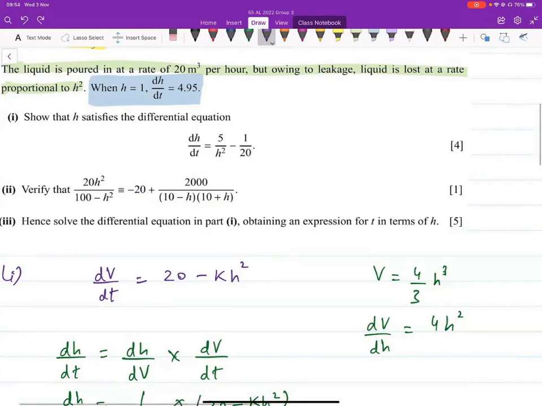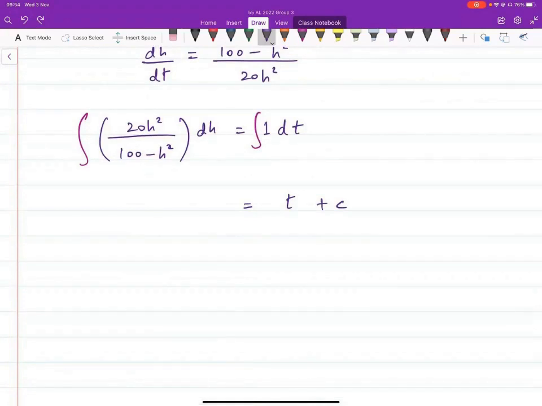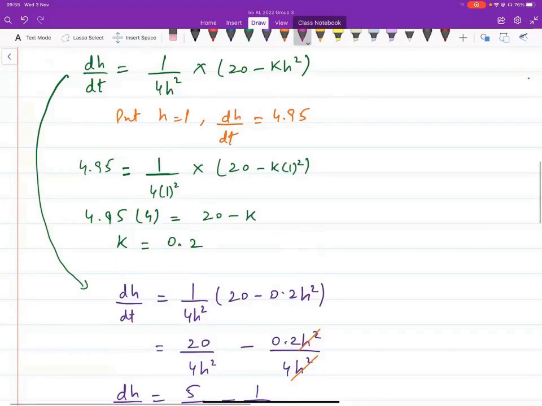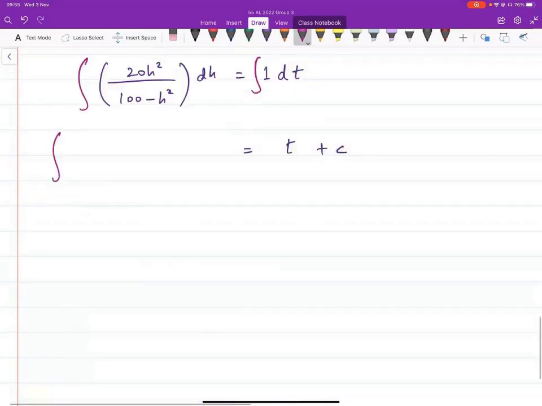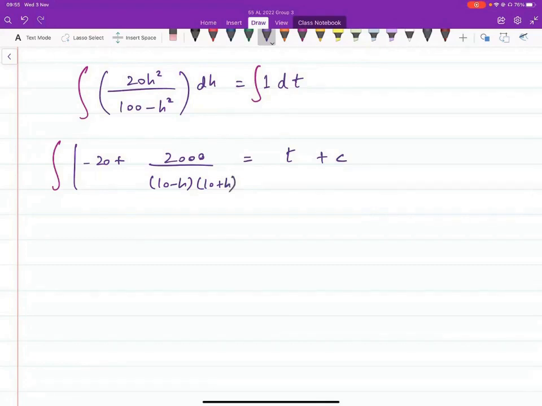How will these become two fractions? Can we break it down? It's in the denominator; if there were separate terms in the numerator it could be done, but here we can't. Okay, so this becomes that form that was given, minus 20 plus 2000 over 10 minus h into 10 plus h. This is the form that we had there.